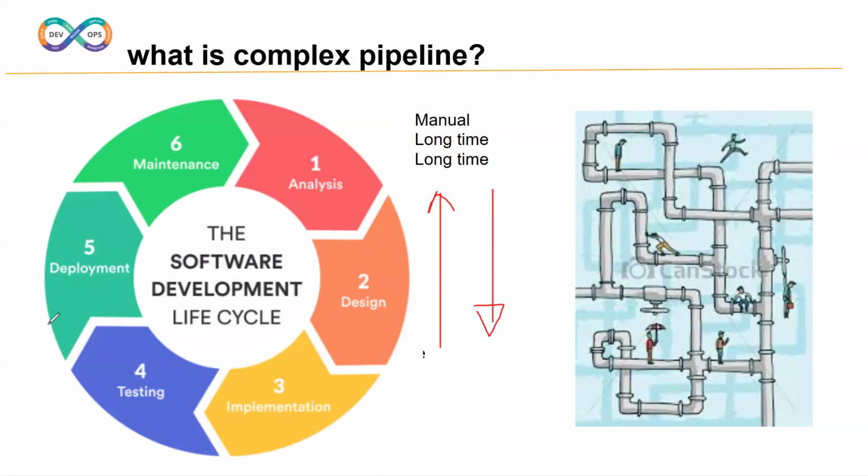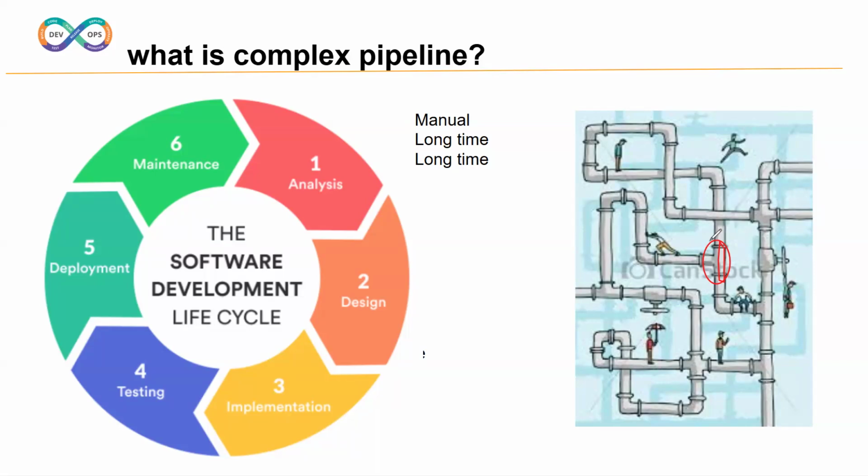To understand, take a water pipeline that is underground. Somewhere else there is a leakage or blockage. Can you find it immediately? No, it will take a long time. Identification will take a long time, and resolving the issue will also take a long time.